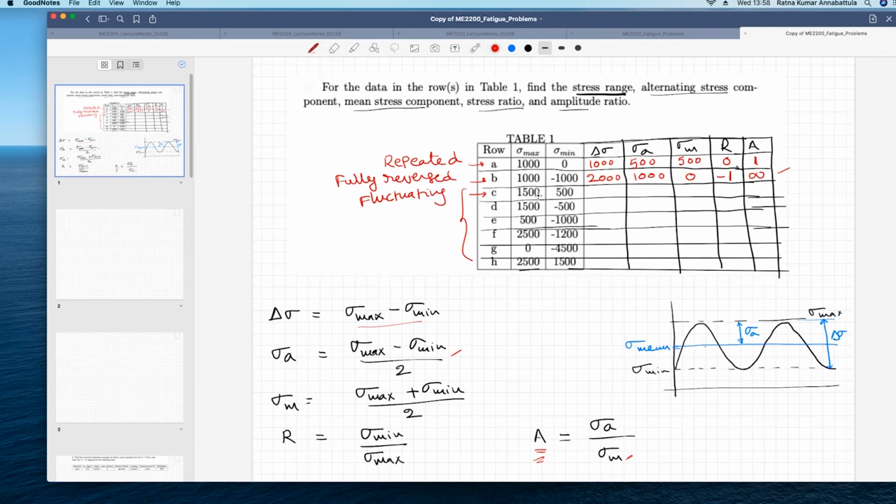So this is sigma max minus sigma min, that is 1000. So delta sigma is 1000. What is sigma A?